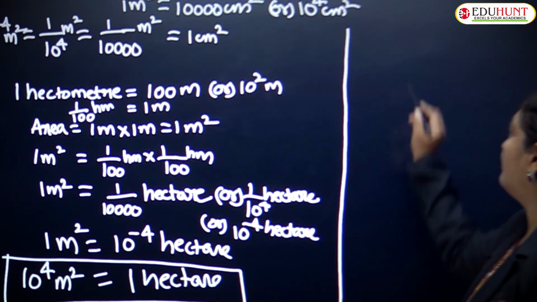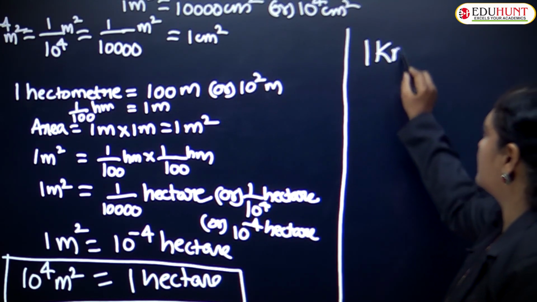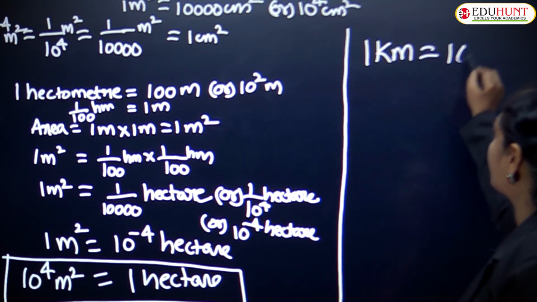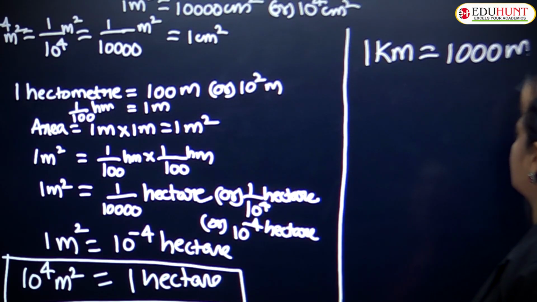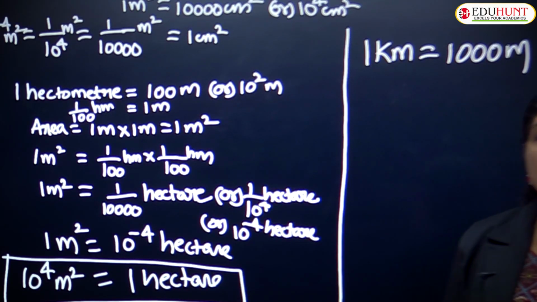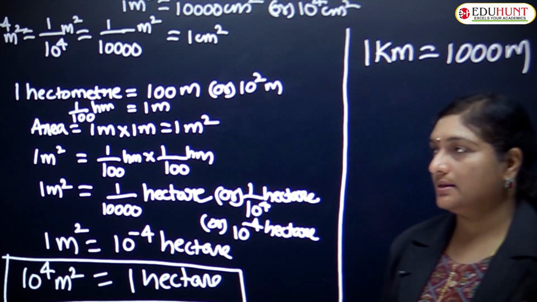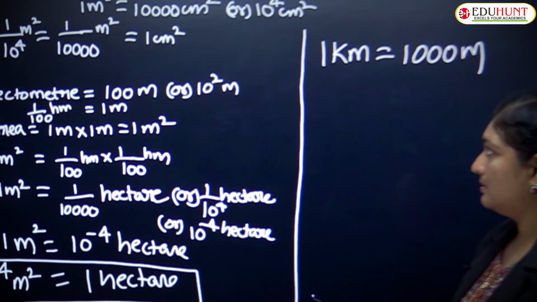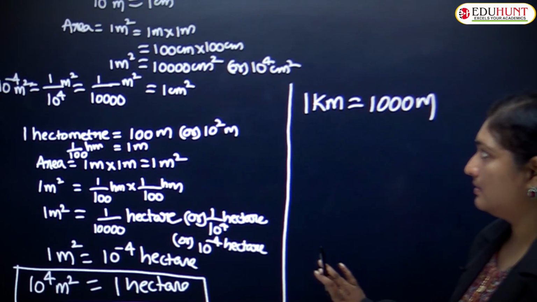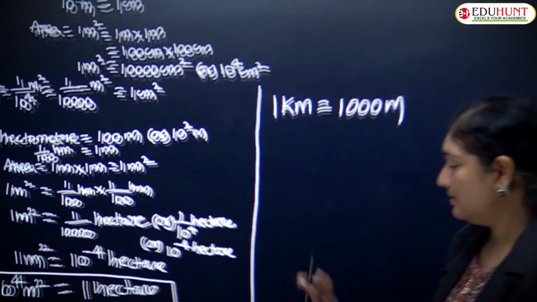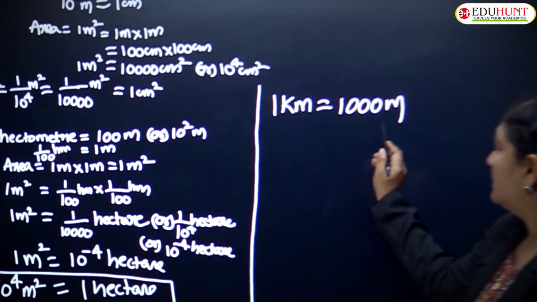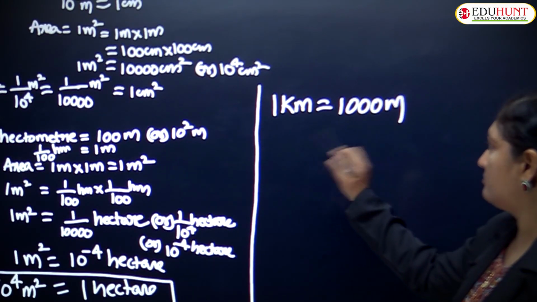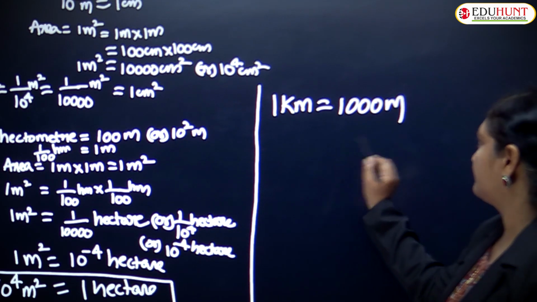The value of 1 kilometer is equal to 1000 meters. So, if I would like to write this 1 meter, then it will be 10 power minus 3.